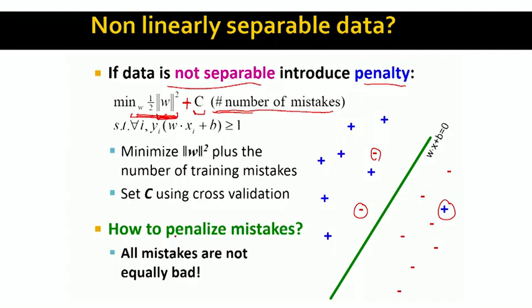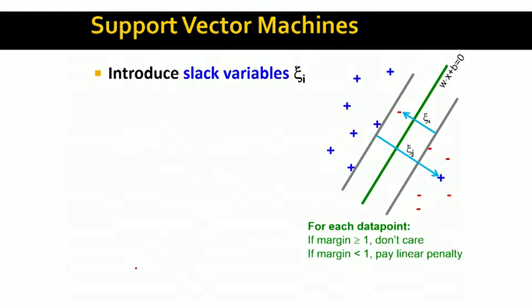And now, of course, the question is, how do we penalize mistakes? Because not all mistakes are of the same severity. Mistakes are not all equally bad, which means we will be using margin in order to penalize them.